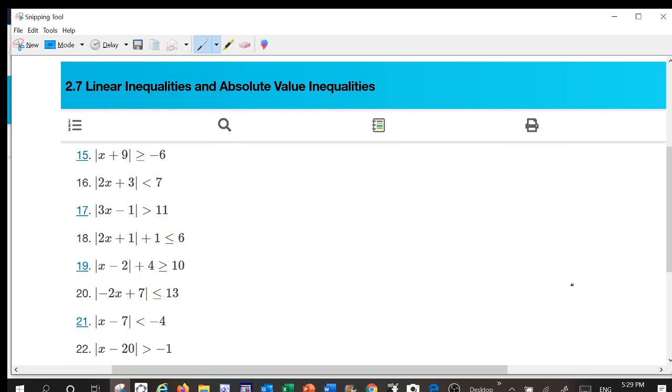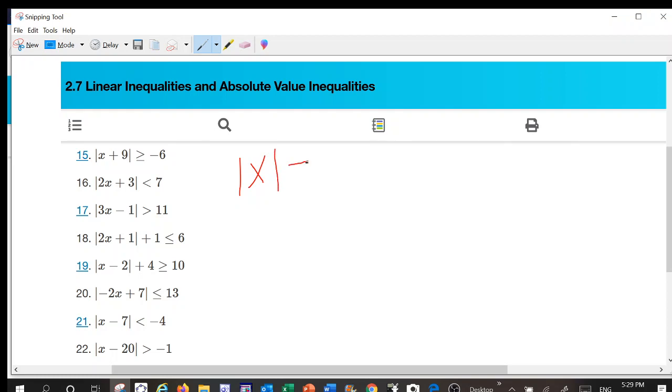Okay, so what we have here is the idea of absolute value. So what is absolute value of x? What does that mean?